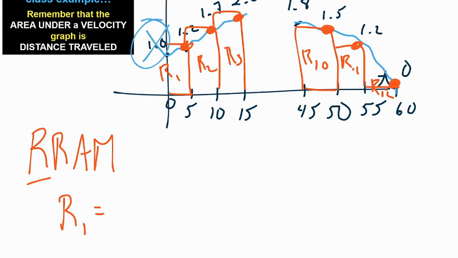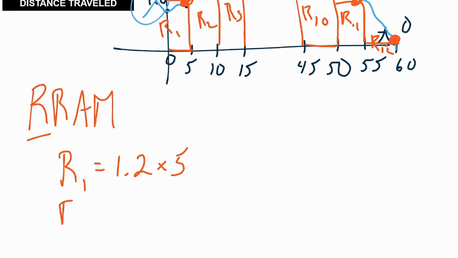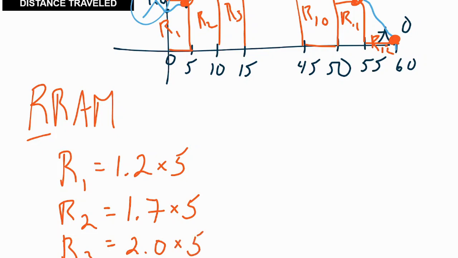If you kind of organize it, maybe this is a little overkill at this point, but if I organize it, I can see the first number I'm using is 1.2. Of course, you have to multiply each one of these by 5. That's the width of your interval.